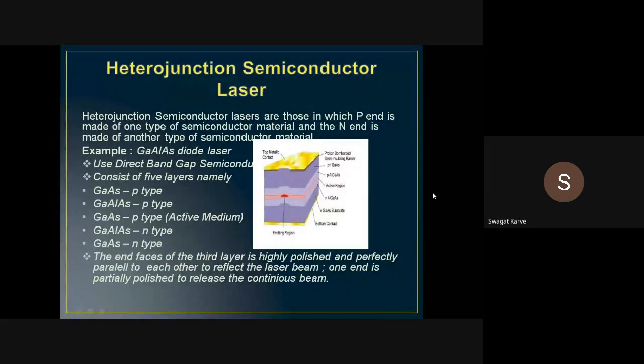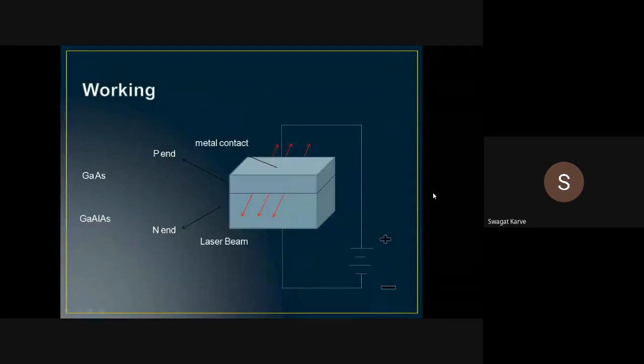Right? So this is about the structure of the heterojunction semiconductor laser. Now working. Again, the working principle of any laser is the same. It is based on stimulated emission. But how is it happening? So this is the circuitry arrangement for this. You have that heterojunction structure, and it is forward biased with the help of a supply.